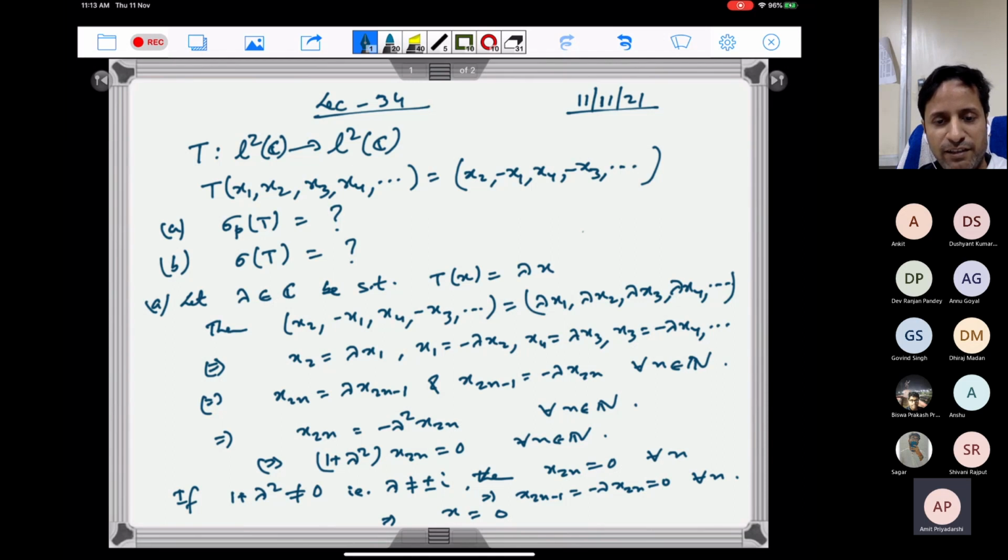For example, if I just look at this, you may say that okay, I'll choose x2n equal to 1 for all n. So all these x2, x4, x6, if you choose it equal to 1, then of course it will satisfy this equation. And in that case, suppose I take lambda equal to iota, then x2n minus 1 will be minus iota. So in that case, suppose I take this.